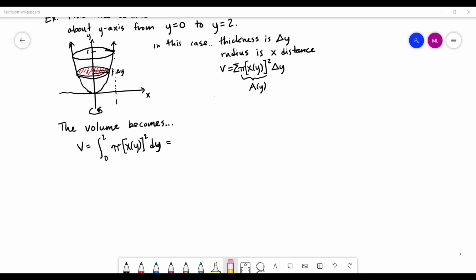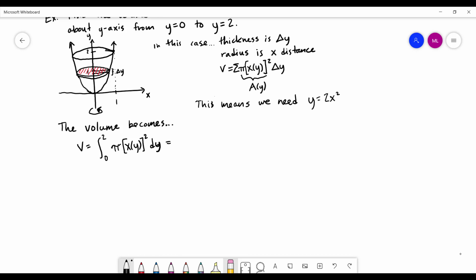So this means that we're going to also have to solve our x of y to be a function of y. And that means that we need our y equals 2x squared, which is our bounding curve. We need to solve that for x.